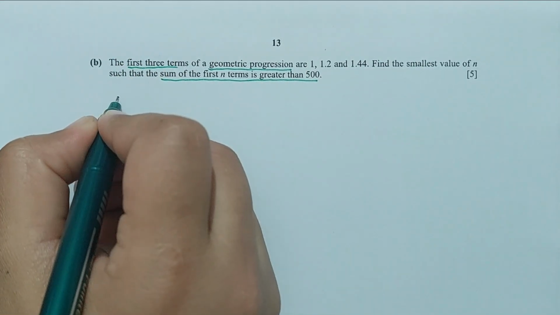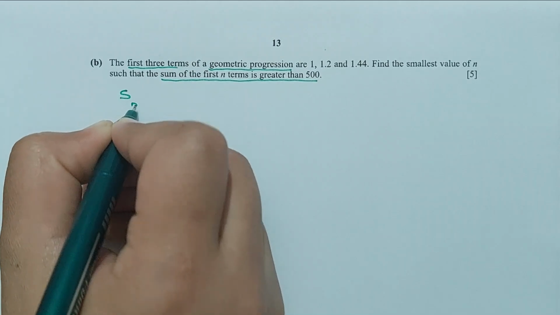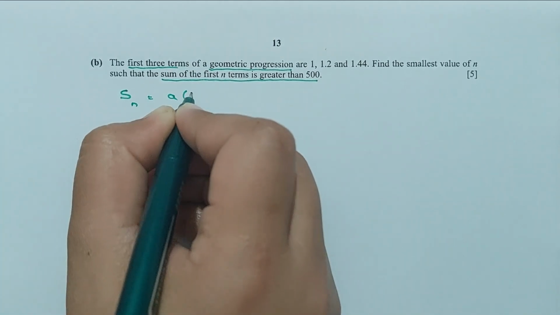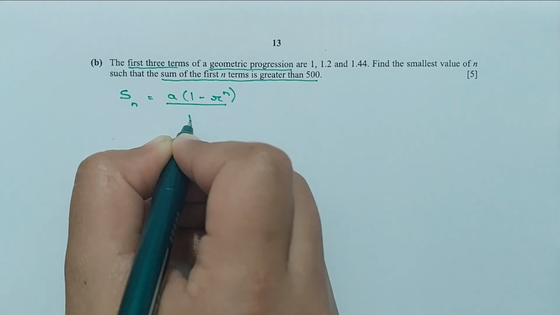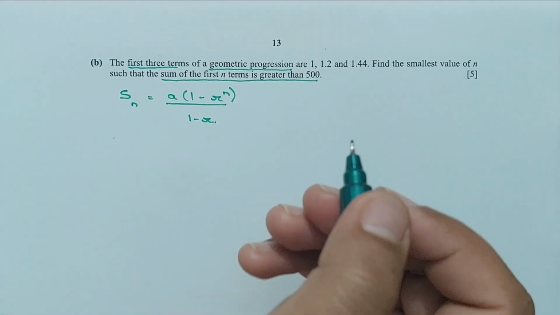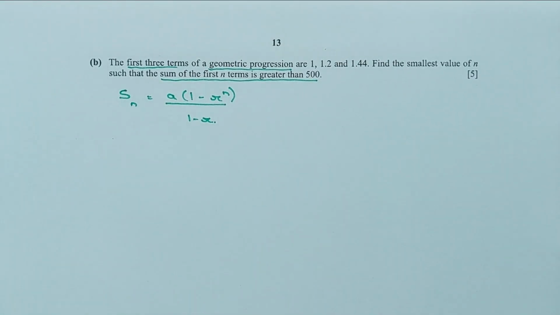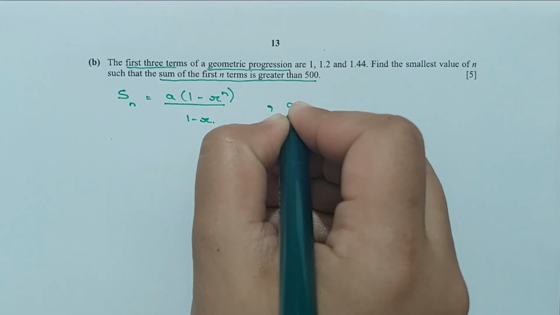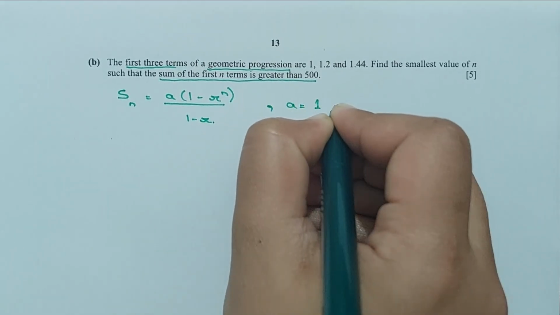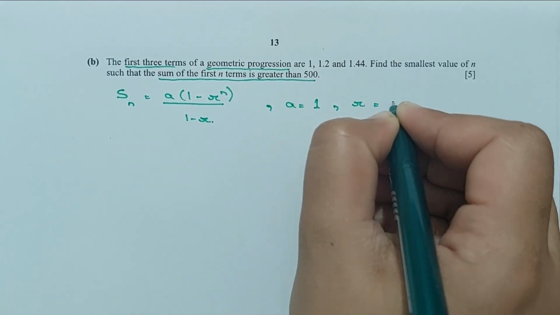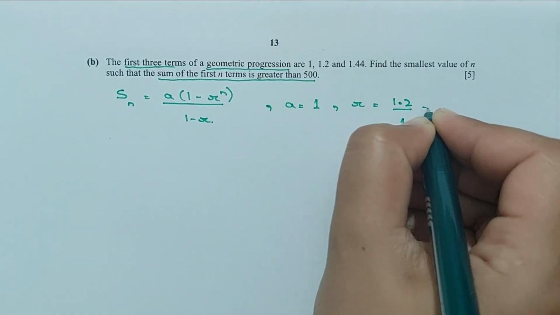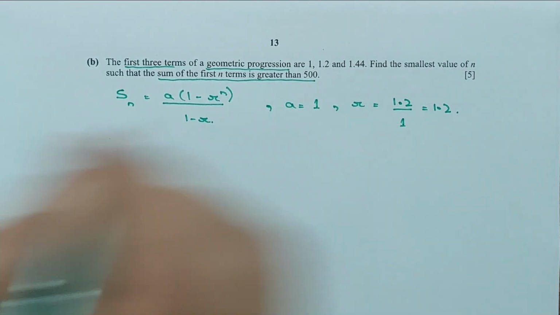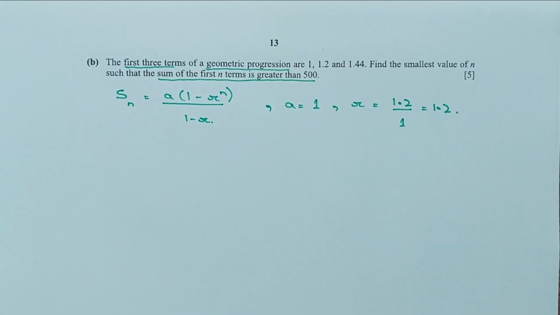Okay, the sum of the first n terms, Sn, is a times 1 minus r to the power n over 1 minus r. Here a is the first term, which is 1, and r is the common ratio, which is the second term over the first term, which is 1.2.